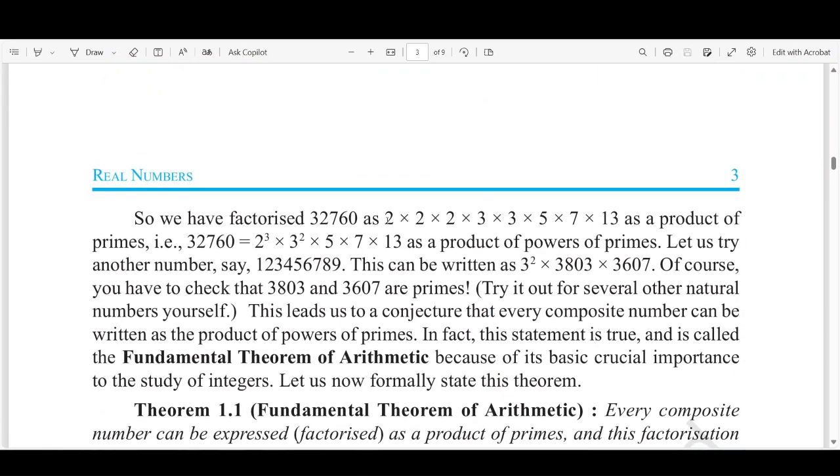So when we combine all the repeating values, we can write this number as 2 cube into 3 square into 5 into 7 into 13, where all these numbers are prime numbers.